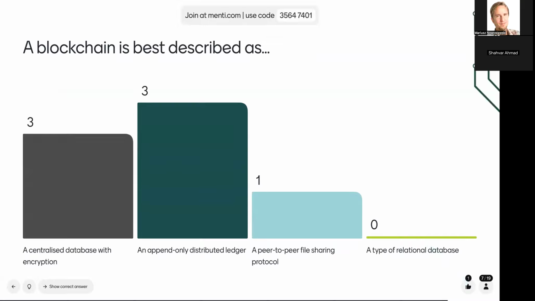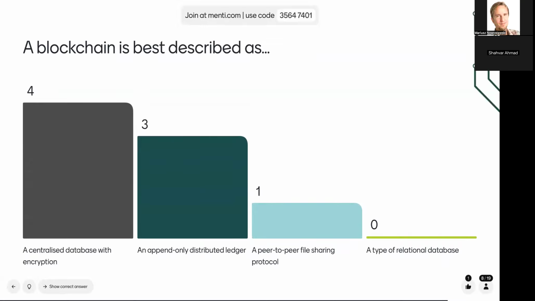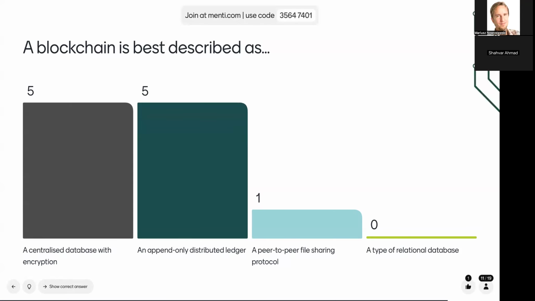So a blockchain is best described as, it is a peer-to-peer system, but it does not really allow you to share files. It shares something, but it's not really peer-to-peer file sharing. So yes, it is peer-to-peer and it shares stuff, but it's not file sharing.